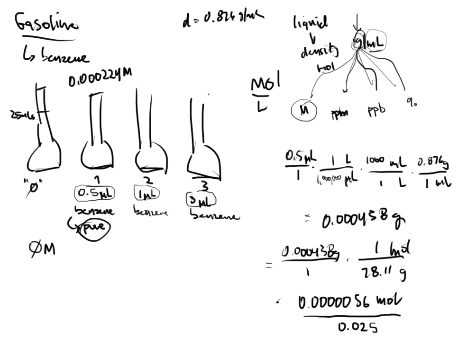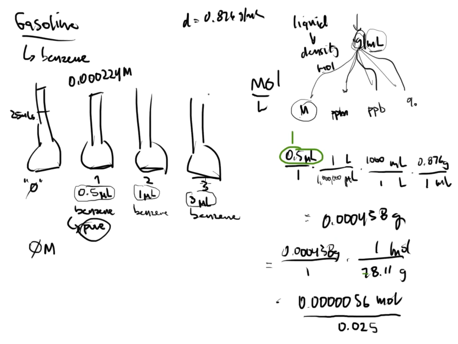So from this point, I would do the same thing for the 1 microliter and the same thing for the 3 microliter. So the numbers that would change up on your screen that you're seeing now are these right here. So instead of a half, in the next example, I would do a 1. 1 divided by 1,000,000 times 1,000 times 0.876 to get gram, divided by 78.11 to get mole, and then divide by 0.025 to get molarity.